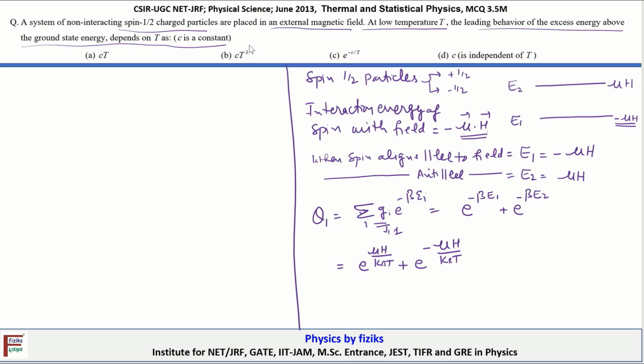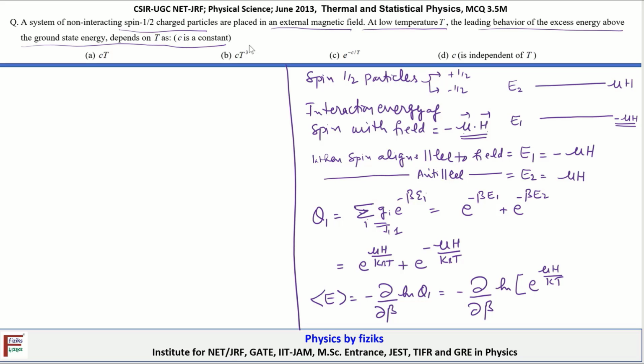Now from here one can quickly determine the average energy, E, which is equal to minus d by d beta of the logarithm of Q1, that is minus d by d beta of ln of exponential mu H by kT plus exponential minus mu H by kT. Please note that k is the Boltzmann constant; I am not putting the suffix B here, but it's understood.